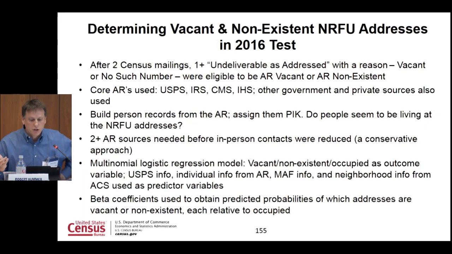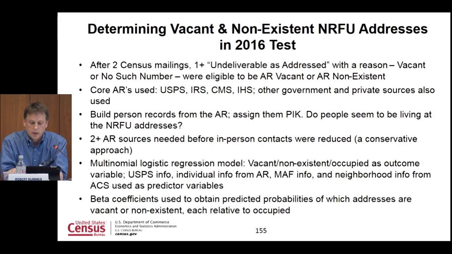Just to rehash a little bit, in part this is good for me and hopefully for you all too. Determining the vacant and non-existent addresses in the 2016 test: after the mailings, addresses came back as undeliverable as addressed, the UAA codes, vacant, no such number, et cetera. So these were eligible to be vacant or non-existent.